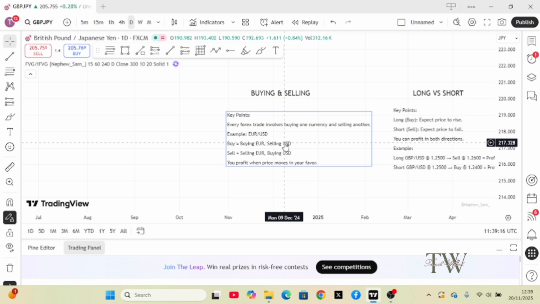Now, let's assume you are speculating in the market. When you are speculating that the euro will go up and you buy it, you are actually selling the USD. That's exactly what it means. You're trying to say that the euro will increase in value against the USD.